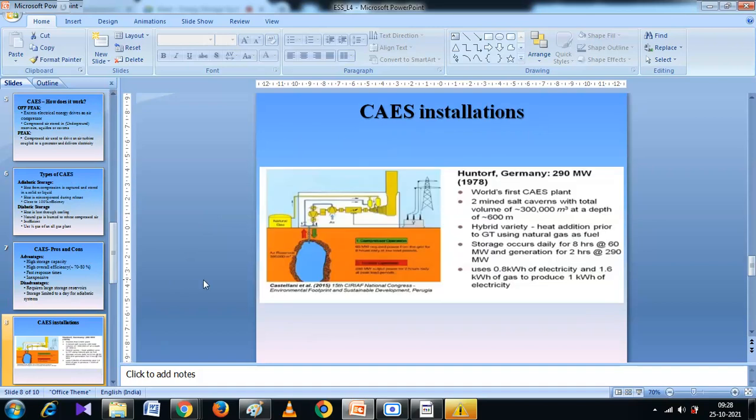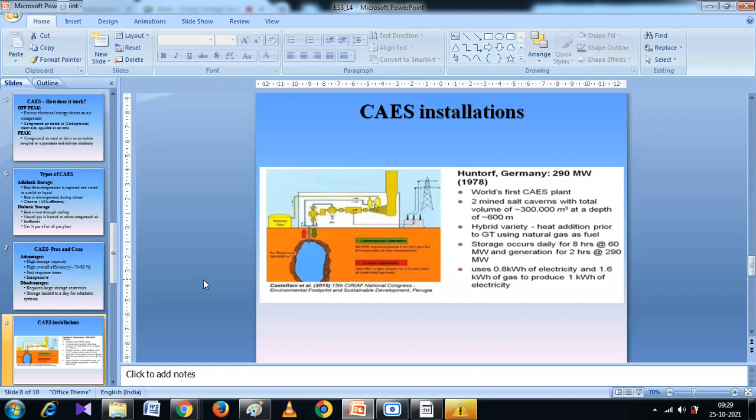Now we go to the installation. Though there is no installation in India, we have to take examples of foreign countries. First, in Germany, in Huntorf, the first compressed air energy storage plant was commissioned, and the reservoirs are two mined salt caverns by which we store the compressed air.